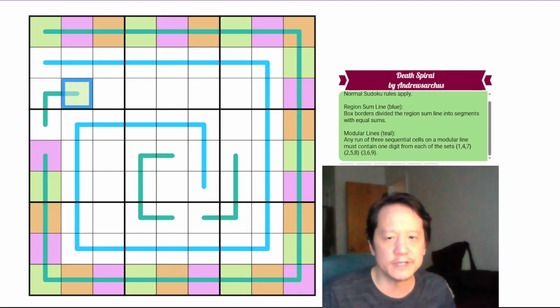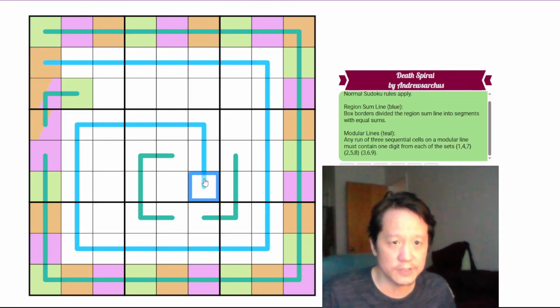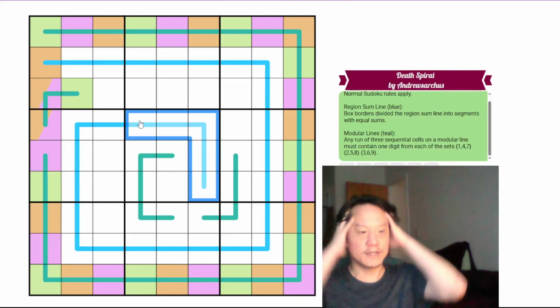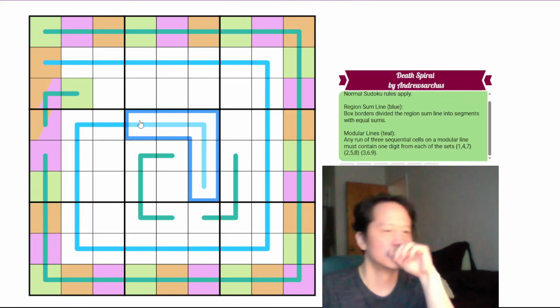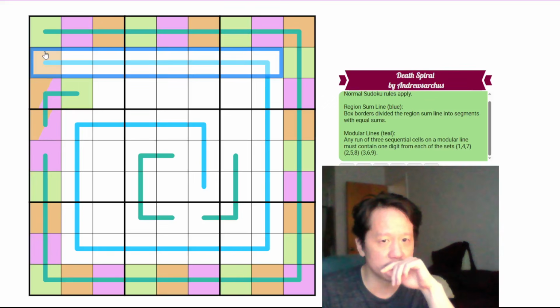This is green. There's one each of these, so we have pink and orange, which means this is orange here. You're missing a green, so this is still the same, right? You can't have 15 because then these would be the same digit, because all of these are the same.